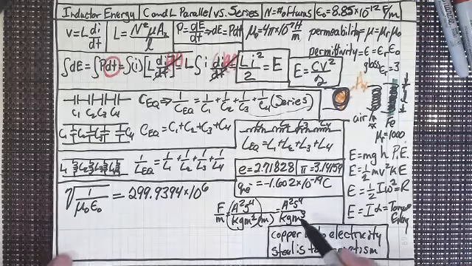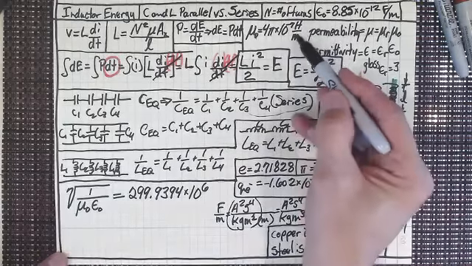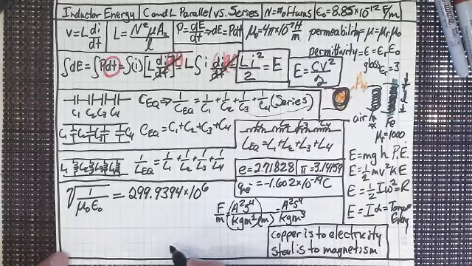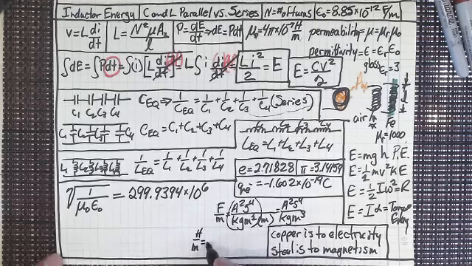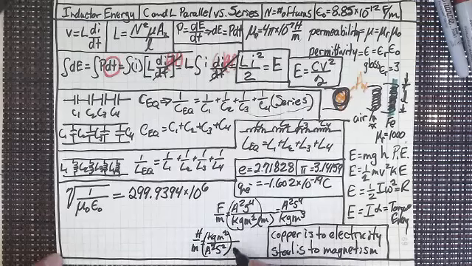Okay, now, what is a Henry per meter? Well, I'll do it over here. A Henry per meter would be a kilogram meter squared over amp squared second squared, that's a Henry, divided by a meter.